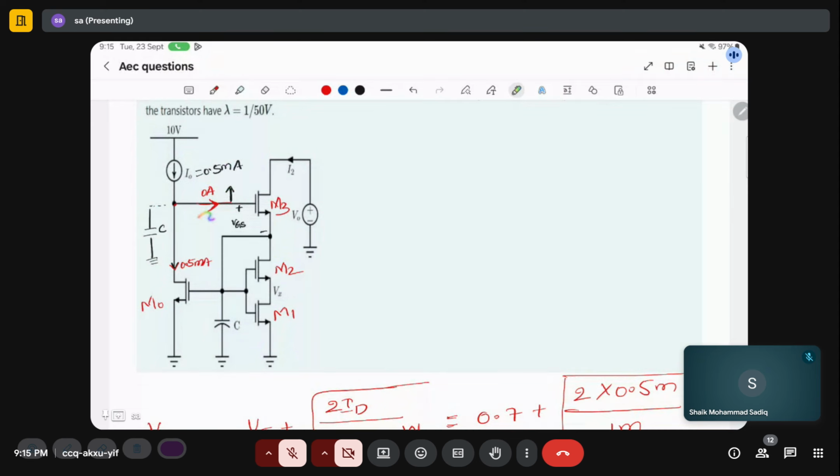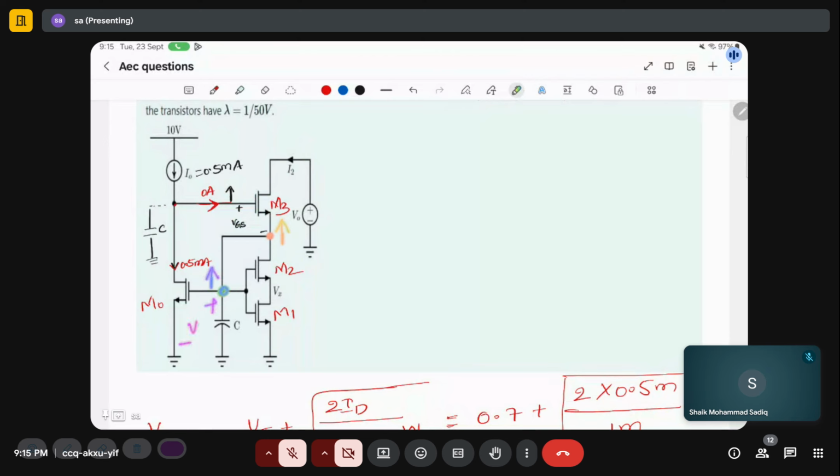You will have an internal parasitic capacitance at this node, and as this node potential increases, VGS of M3 increases. That means VS also increases because you are putting some current into this node, I2 current. So this gate potential of M naught increases.